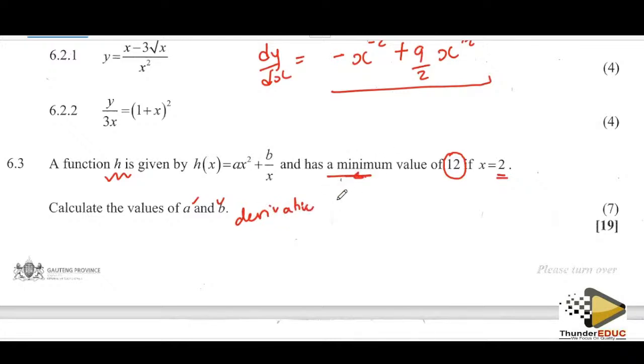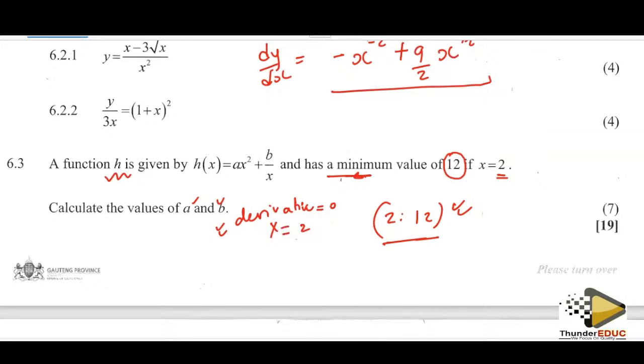So one thing we also know is that at this point, the coordinates of x are 2, the coordinates of y are 12. Okay, that is number 2. Then going back to the derivative, we know that at the minimum or maximum, the derivative will always be equal to 0 if we replace the x as a 2.